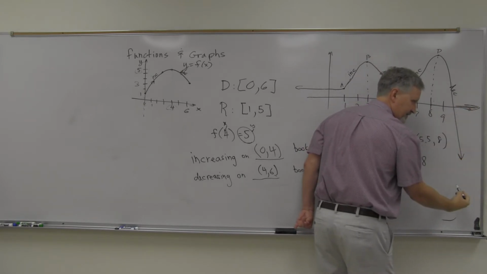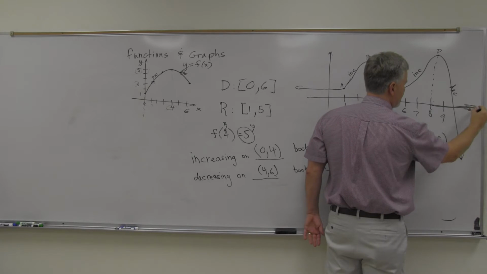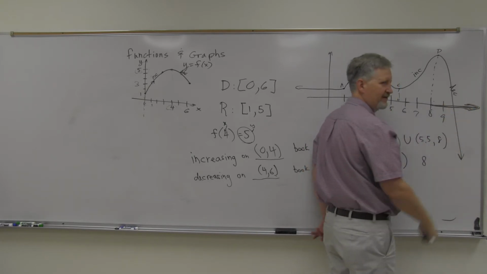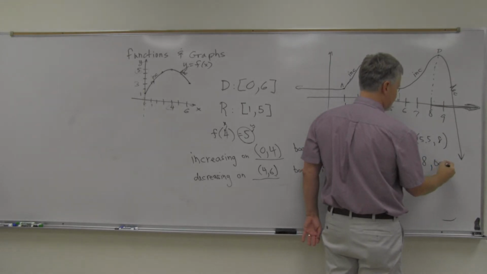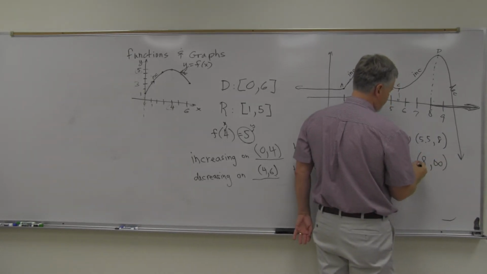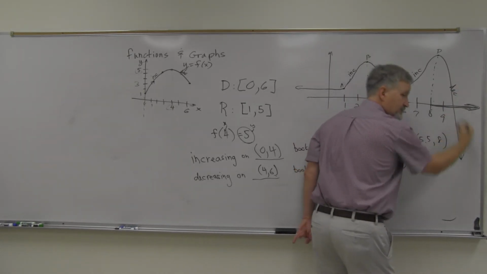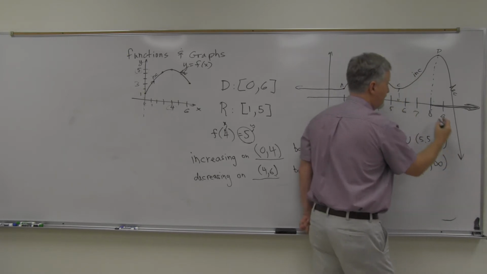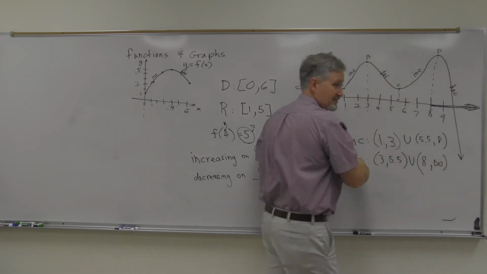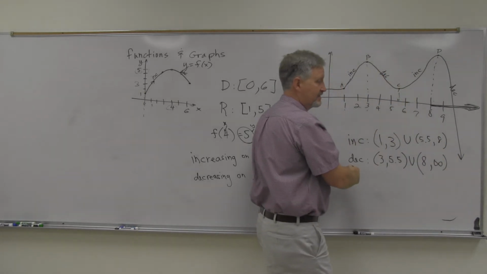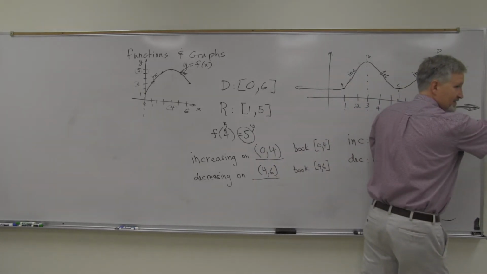I mean, the graph goes down, but as far as where we're going from 8, we're going out that way. So that's 8 to infinity. That's where it's decreasing. Well, it goes down to negative infinity, but as far as the x-axis goes, we're going out to positive. The y values are going to negative infinity, but the x values are going out to infinity, you see.